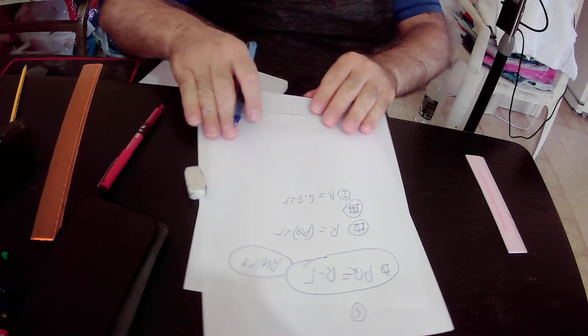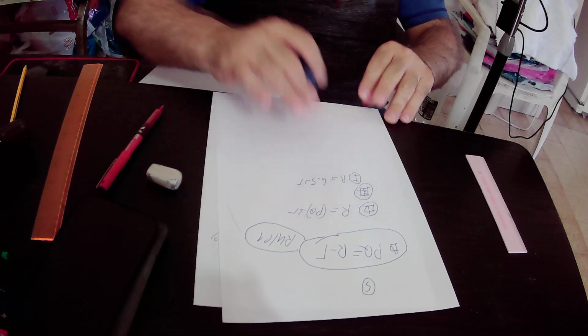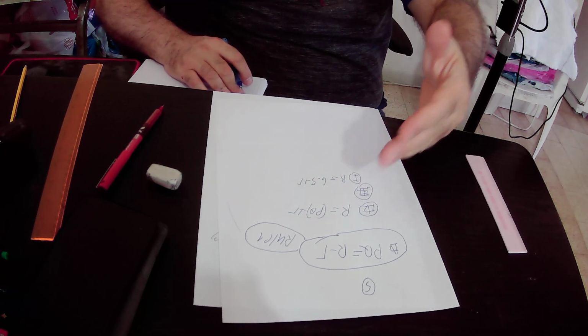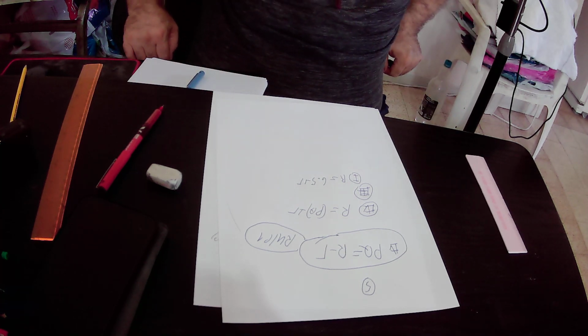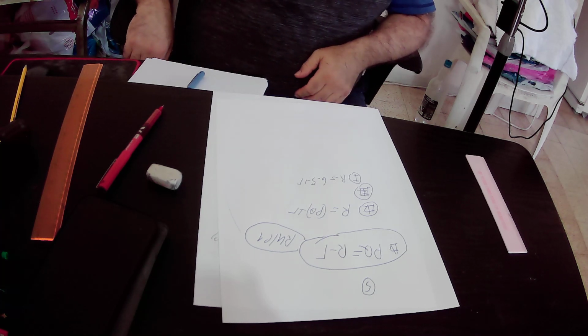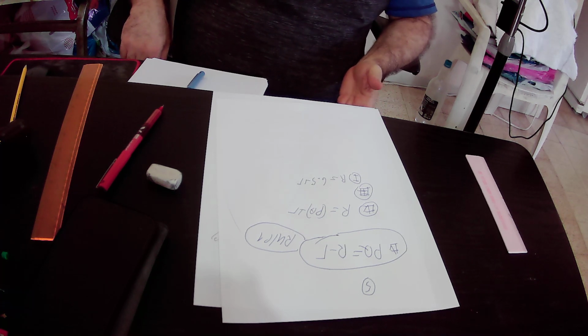Okay, so equation number 4 is actually the radius of the big circle, and equation number 1 is also the radius of the big circle. So we can compare equation number 1 to equation number 4, because both of them are the radius of the big circle.